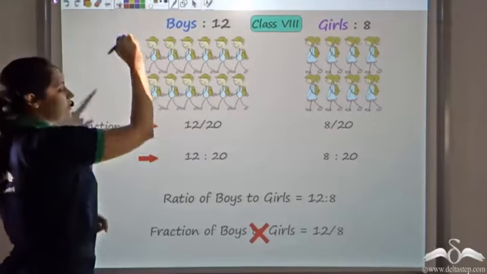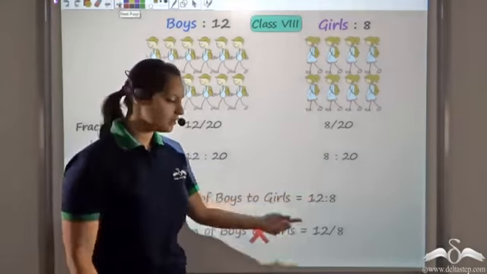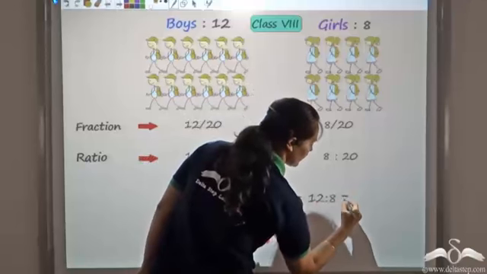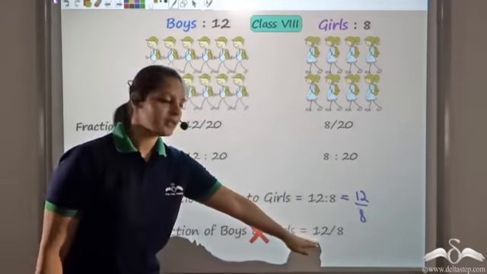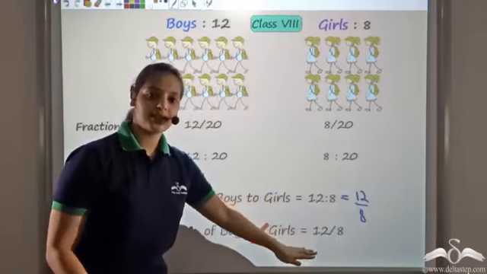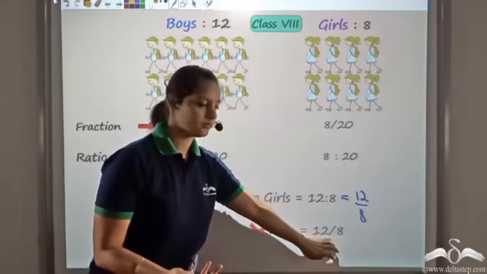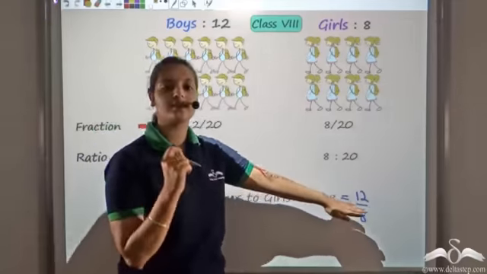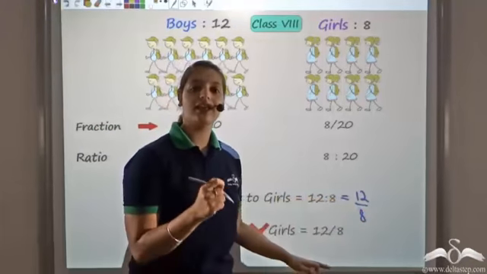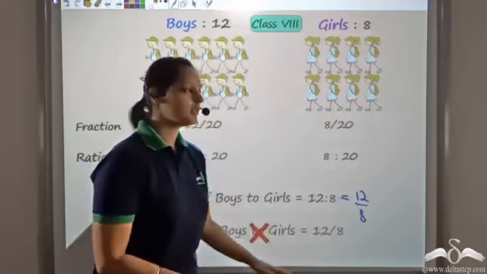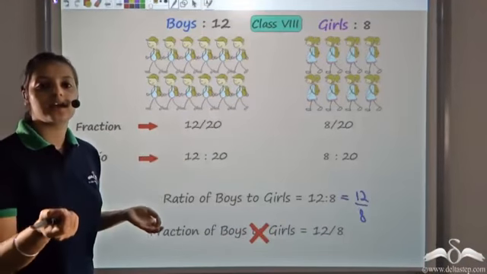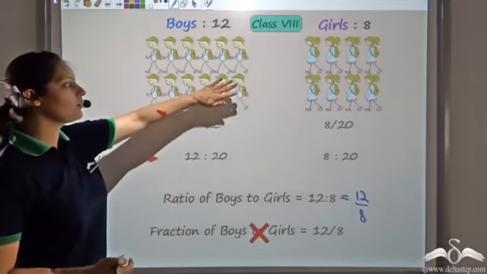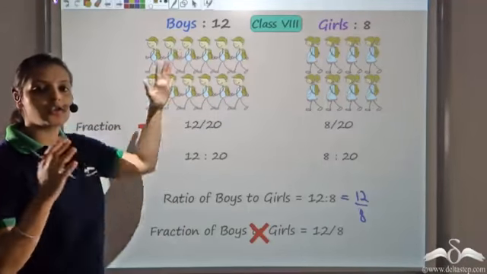So though I can express this ratio as a fraction, which I can write as 12/8, this fraction 12/8 does not make sense, in the sense that you cannot read this fraction. Though every ratio can be expressed as a fraction, you cannot read every fraction. So what we see is that a fraction is nothing but a specific case of ratio in which you are comparing only a part to the whole.